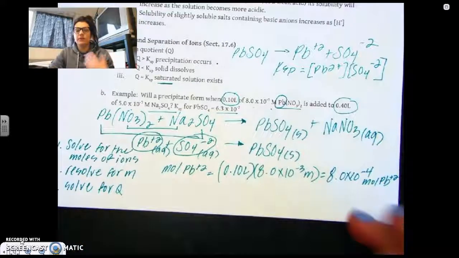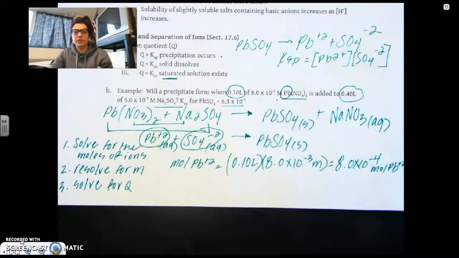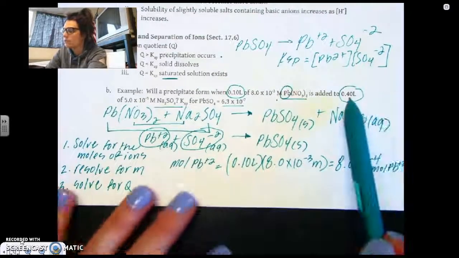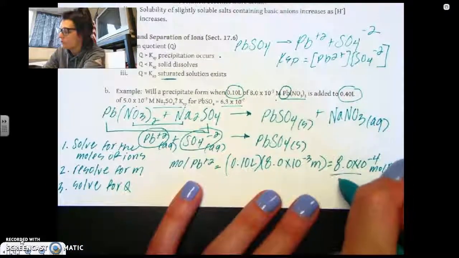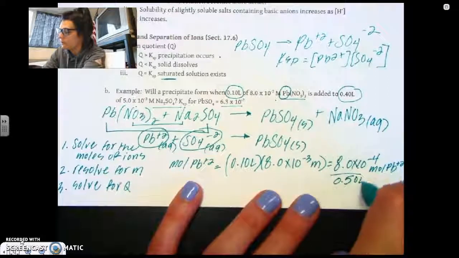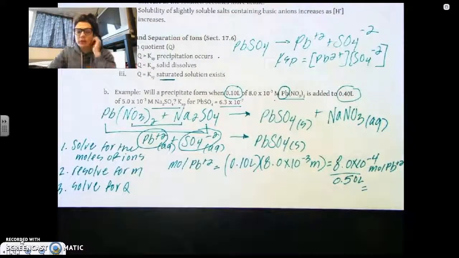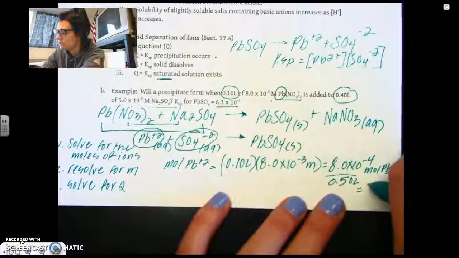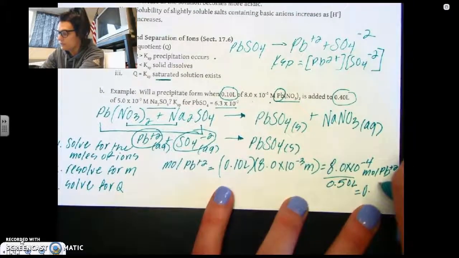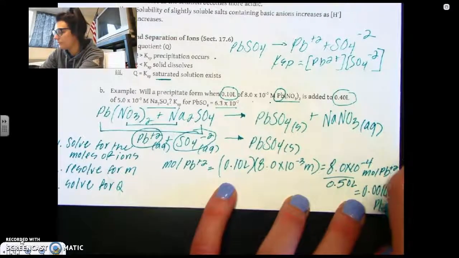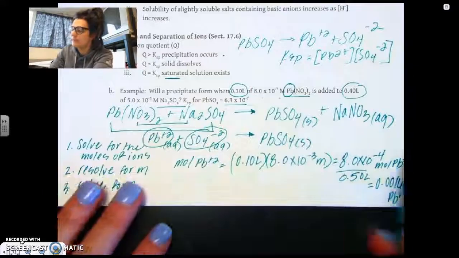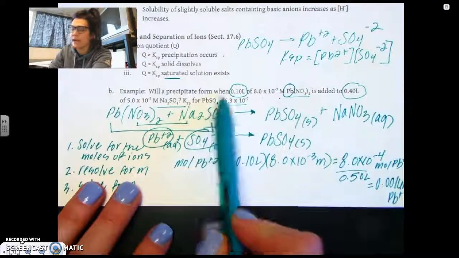To get the concentration, I need to realize that I'm mixing 0.4 and 0.1 liters, so I divide by 0.50 liters. My new molarity for the lead ion is 0.0016 molar. Then I do the same for the sulfate ion.